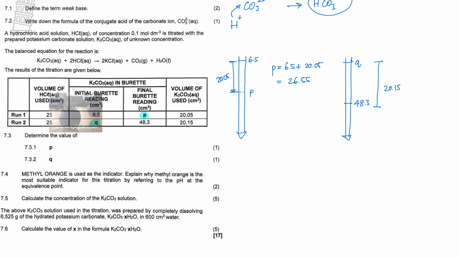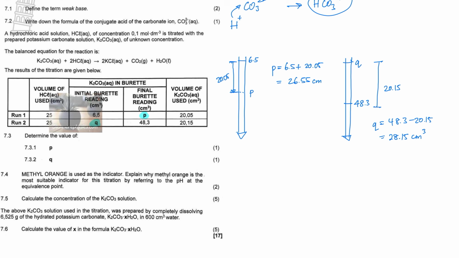So Q is going to equal 48.3 minus 20.15, which is equal to 28.15 cm cubed. Let me just neaten that up. 28.15. Okay.